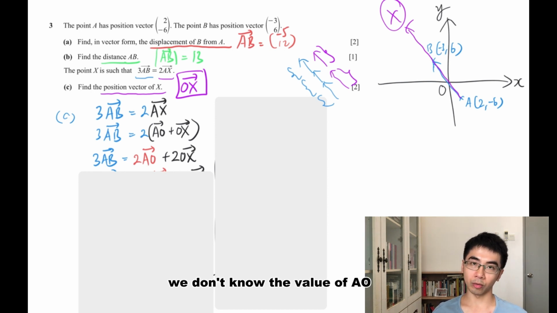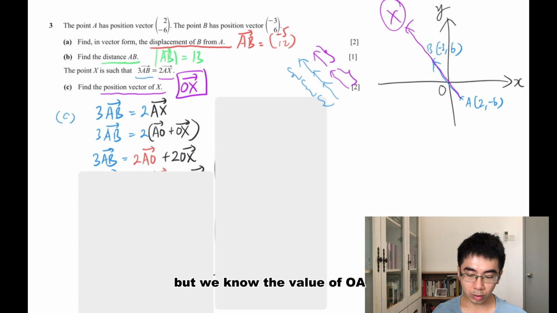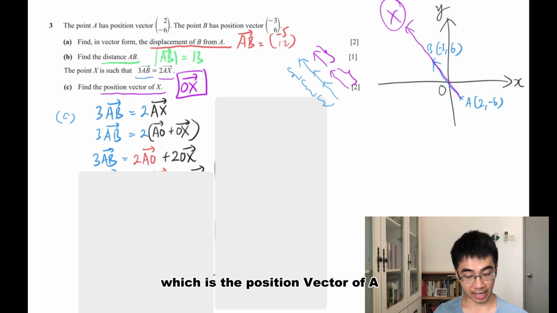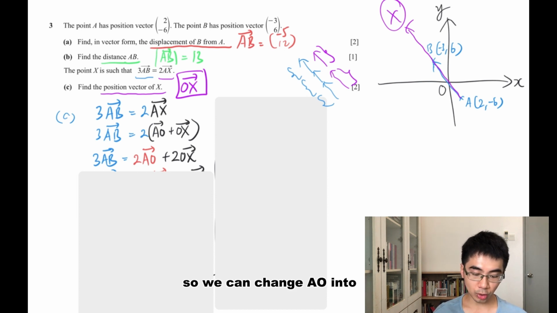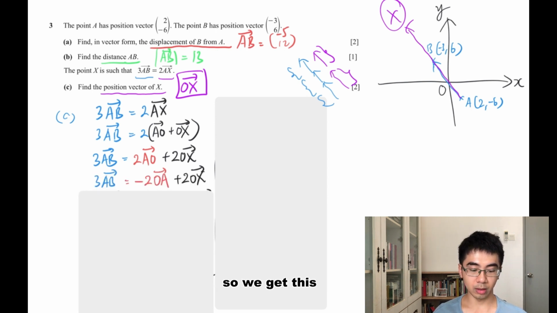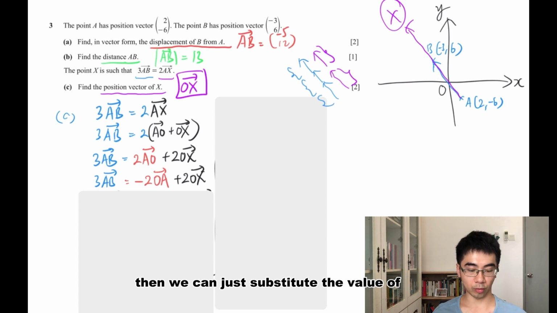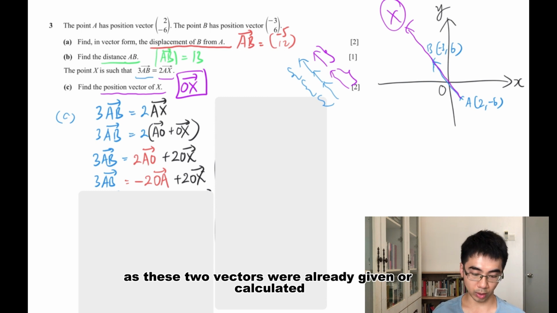But we don't know the value of AO, right? We already know OA, the position vector of A. So we can change AO into negative OA. So we got here, okay? And then we can just substitute the values of AB and OA, because these two vectors are already calculated or given.